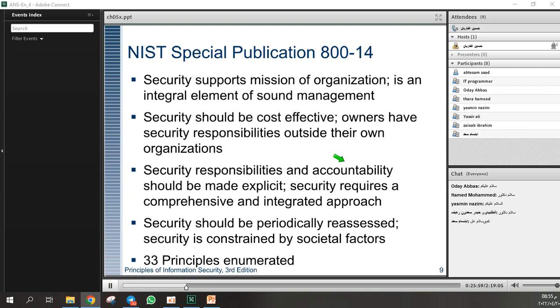It means that they must be clear. Okay, my responsibility in this plan is this. It's completely clear. And how can they check my responsibility? Do I act based on my responsibility, yes or no? Okay, everything is clear, is explicit.